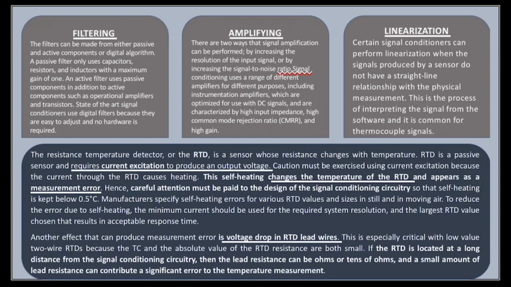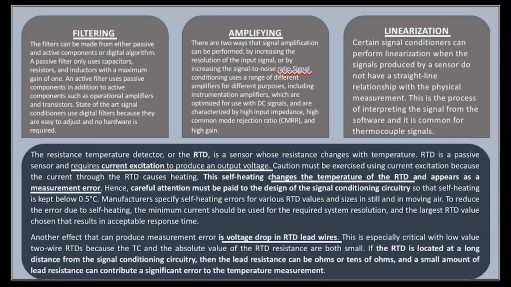This self-heating changes the temperature of the RTD and appears as a measurement error. Hence, careful attention must be paid to the design of the signal conditioning circuitry so that self-heating is kept below 0.5 degrees Celsius. Manufacturers specify self-heating errors for various RTD values and sizes in still and in moving air to reduce the error due to self-heating.